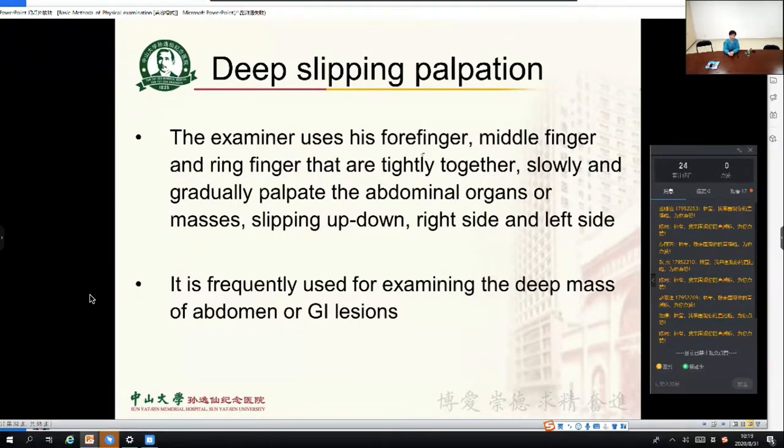In deep slipping palpation, the examiner uses the forefinger, middle finger, and ring finger, three fingers together, to slowly and gradually palpate the abdominal organs or masses, slipping up and down from the right side to the left side. This is used for palpating the liver as well as the spleen. It is often used for examining deep masses or GI lesions.